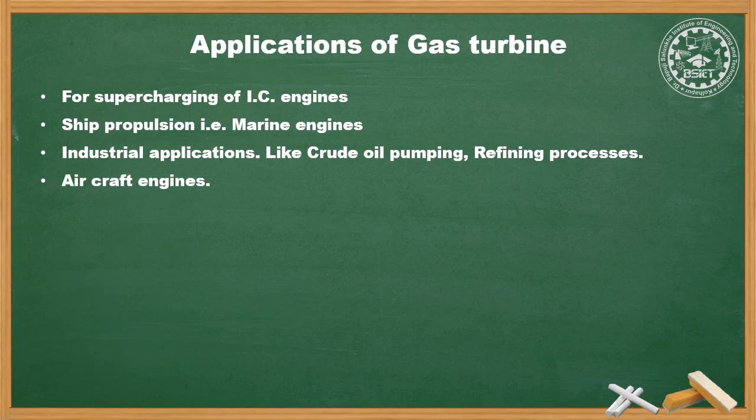Fourth, aircraft engines. Gas turbine plants are lower in weight and smaller in size for the same power output than that of an IC engine. Hence, gas turbine power plants are usually used more in aircraft. Fifth, electric power generation.